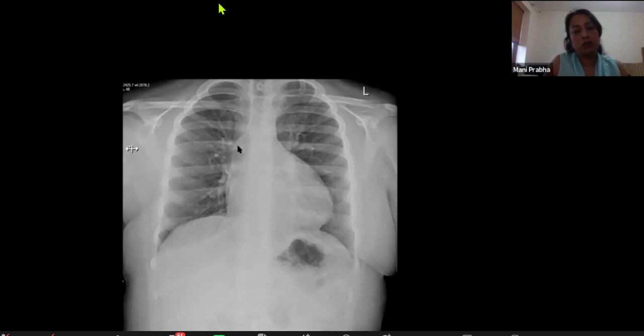So I'm thinking that this is an operated tetralogy of Fallot. Okay, the patient is slightly older, so this is a case of tetralogy of Fallot that has been operated, but the findings are still there. The aorta will remain right-sided, but the vascularity has slightly increased, which causes confusion. But other findings are there.